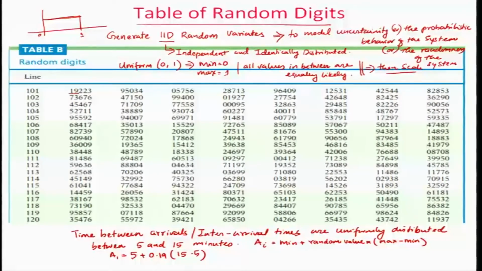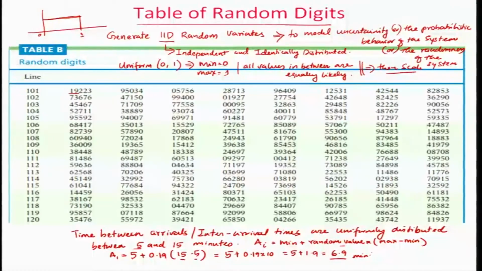So 5 is the minimum value, and the random value is 0.19 that I got from here, with 2-digit accuracy. If I take 3-digit, it will be 0.192. So this will be 5 plus 0.19 multiplied by 10, which is 5 plus 1.9, equal to 6.9. So the first arrival time will be 6.9 minutes.